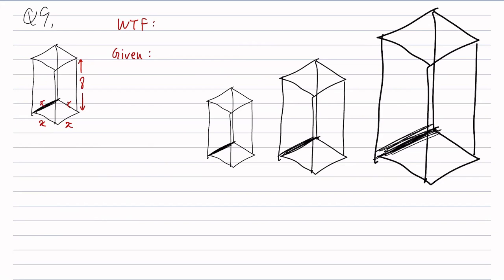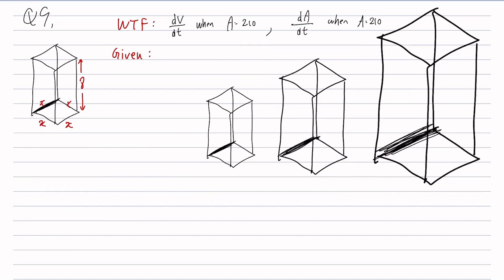So first find dV over dt. Then the second part is find dA over dt. But both are the case when the total surface area is 210. Let me write that down. A equals 210.